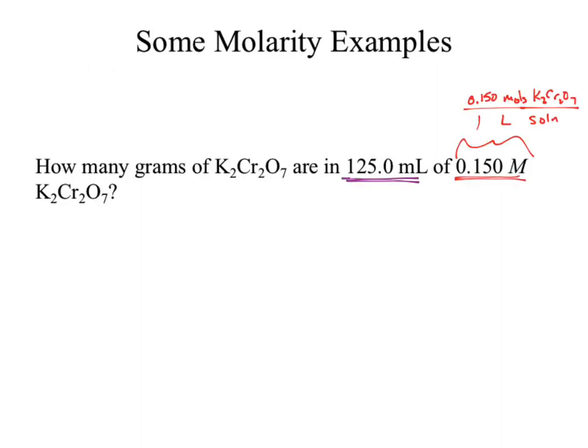This number. Right. Typically when you go through and see these, they're very nicely, cleanly separated. Okay. This is 125 milliliters of what? Of solution. That solution happens to be what concentration? 0.150.